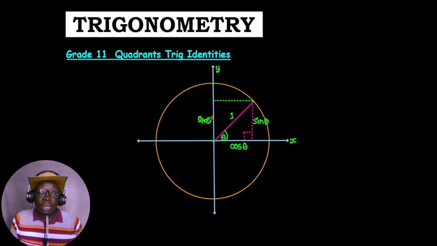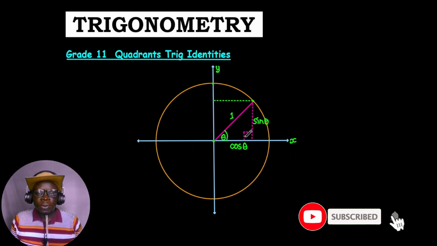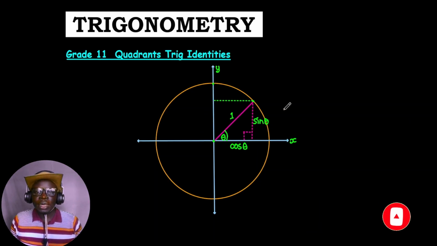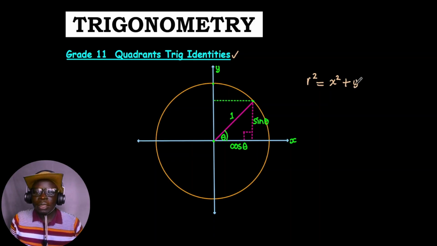Now let's ignore this one and go ahead to consider the other side here. Since this is a right angle triangle, we can use Pythagoras theorem to create an expression which is our identity. Therefore, from Pythagoras theorem, this is the hypotenuse, always represented by r, and r squared is equivalent to x squared plus y squared.